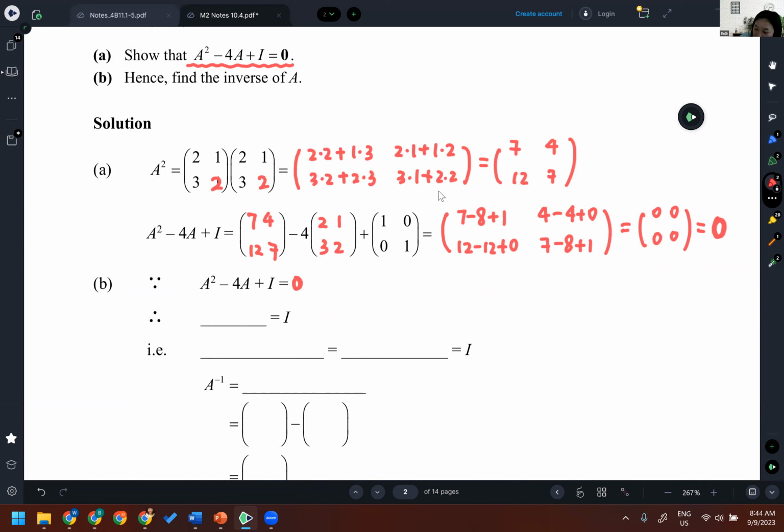Therefore, I know that 4A minus A squared must equal to I, right?